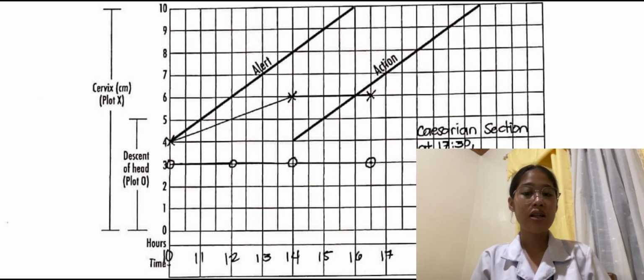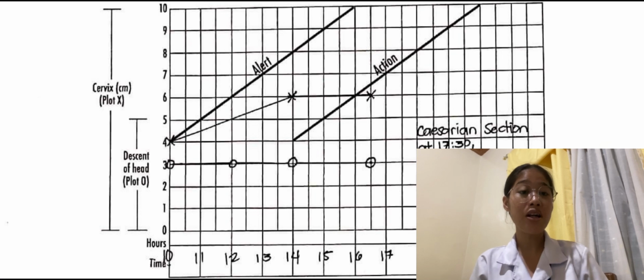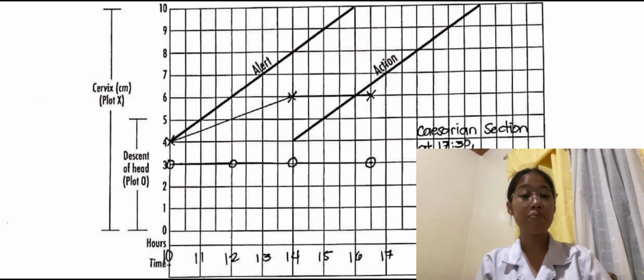Why? Because the fetal condition is deteriorating, and there is a failure to progress despite at least 3 contractions in 10 minutes, each lasting more than 40 seconds, acetone in the urine, and a rising maternal pulse.